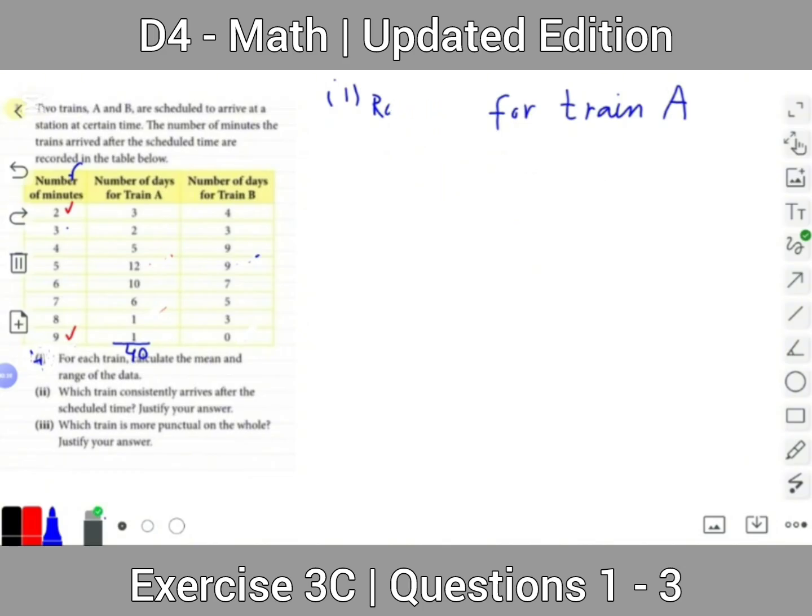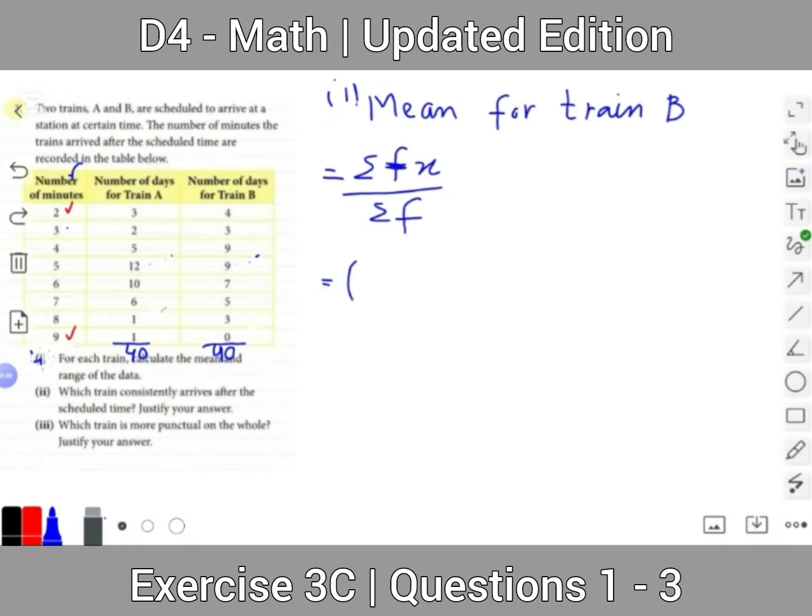Now we have to find out the mean for train B, and it will be equal to summation fx divided by summation f. The sum of the frequencies, or the number of days for train B, is also equal to 40. Now we will multiply each data value for train B with the corresponding frequency.